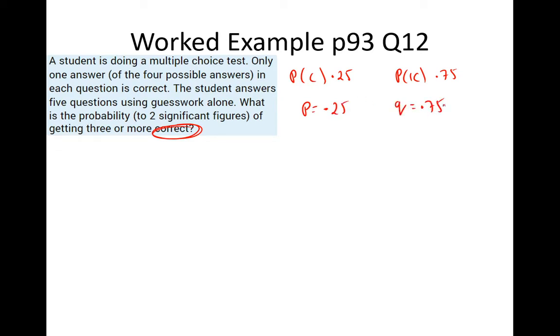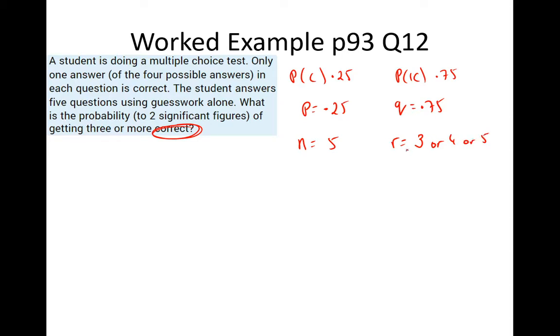Okay, how many questions? The student answers 5 questions. So n is equal to 5. And how many correct do I want? What's the probability of getting 3 or more? Now, that's 3 or 4 or 5. Okay? Now, you can do this in one of 2 ways.